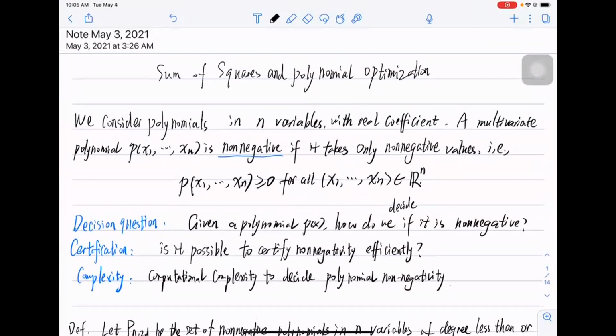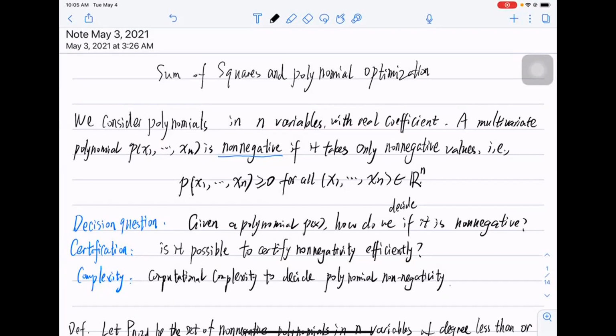So we consider polynomials in n variables with real coefficients. We say a multivariate polynomial p(x1, ..., xn) is non-negative if it takes only non-negative values, i.e., p(x1, ..., xn) is non-negative for all x1, ..., xn in the reals.